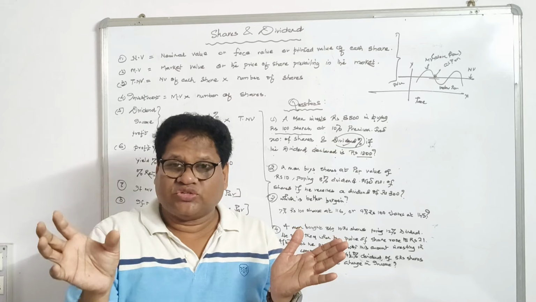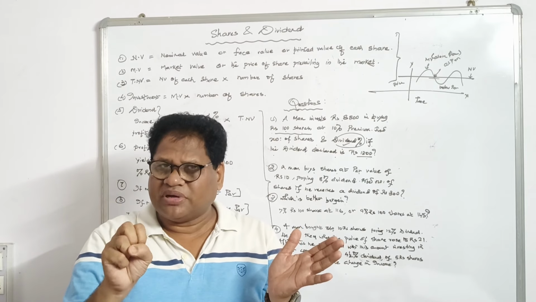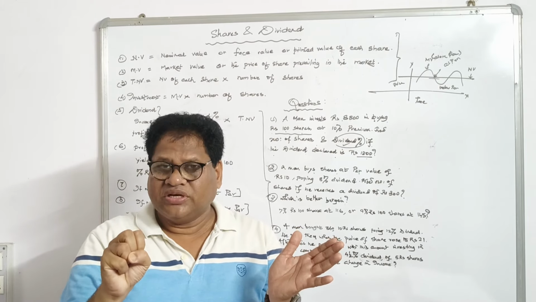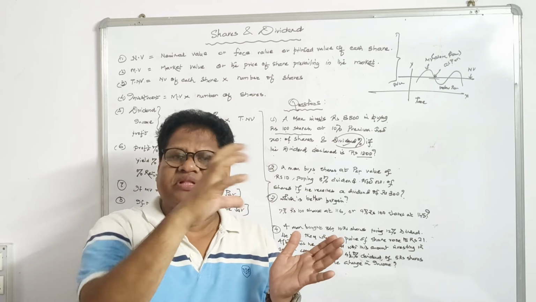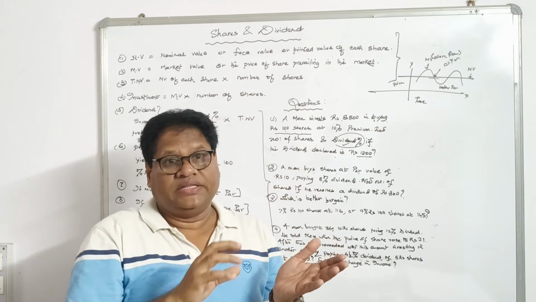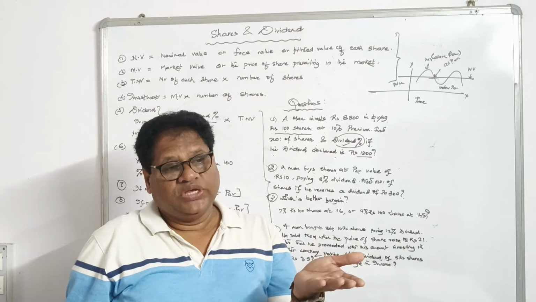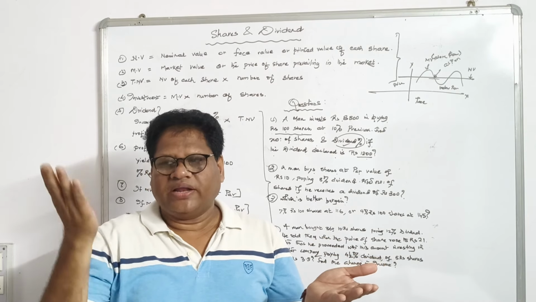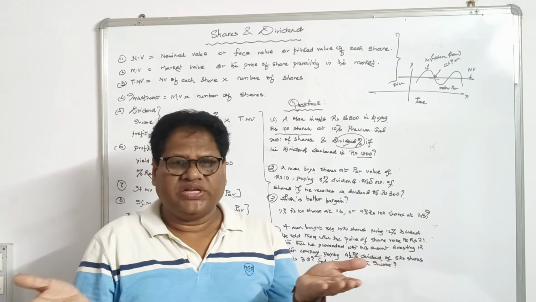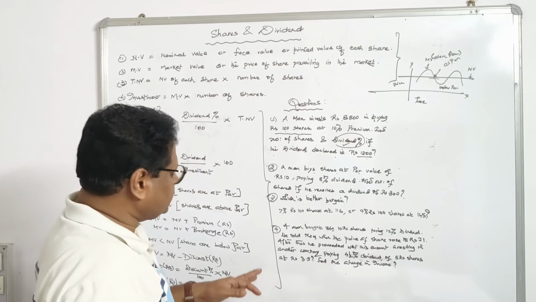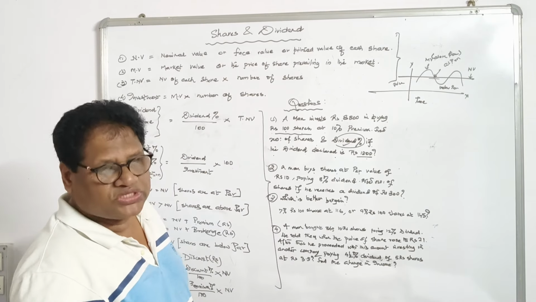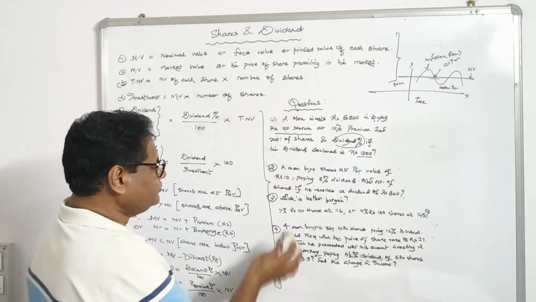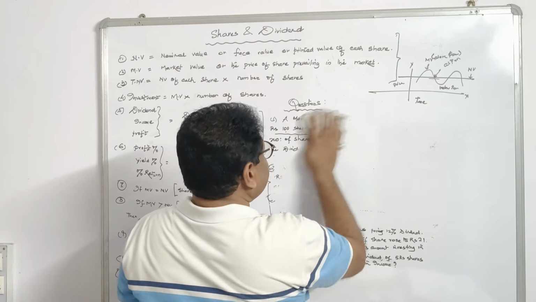So when he sells the shares of first company, he gets the lump sum amount, that is called selling price. With that price he invests in the second company, that is called sale proceeds. And then in the second company also he compares the dividend D2, and in the first company dividend D1. Then the change in income is compared, that is asked in the question. So this is the question based on sale proceeds. Okay. Now let us read the question.